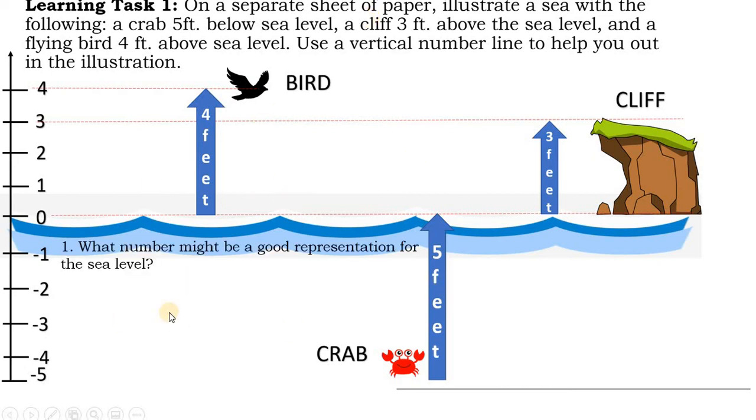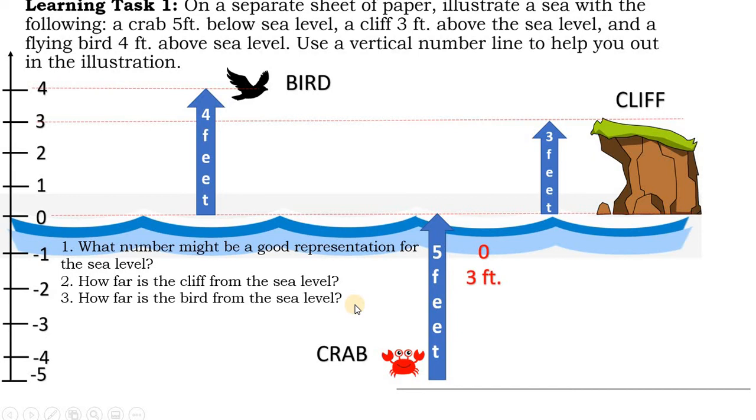Number 1, what number might be a good representation for the sea level? Ano kaya? Of course, 0. Diba? Ayan. Makikita natin dito using the number line, 0. Next one, how far is the cliff from the sea level? Or let's say yung top nung cliff from the sea level. That is 3 feet.